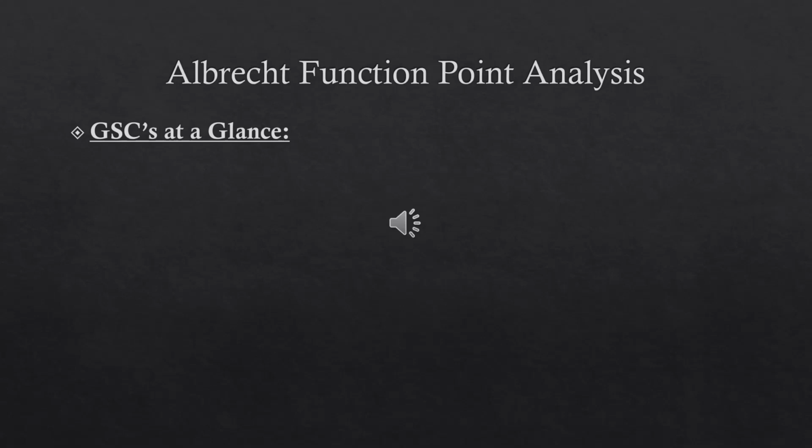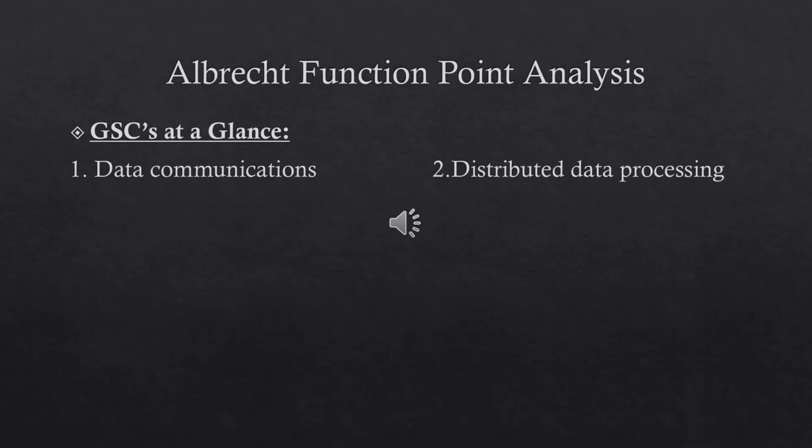Let us move to the general system characteristic descriptions. GSCs at a glance. A brief description of each general system characteristic. The first one, data communications. How many communication facilities are there to aid in the transfer or exchange of information with the application or system?